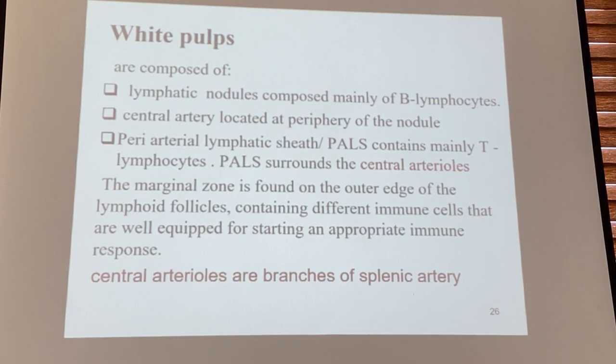The marginal zone is found on the outer edge of the lymphatic follicle. Follicle means nodule, containing different immune cells that are well equipped for starting an appropriate immune response. Central arterioles are branches of the splenic artery.